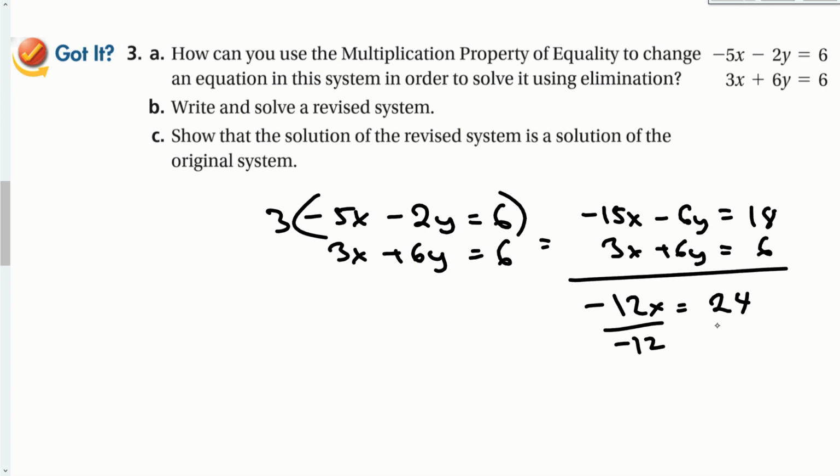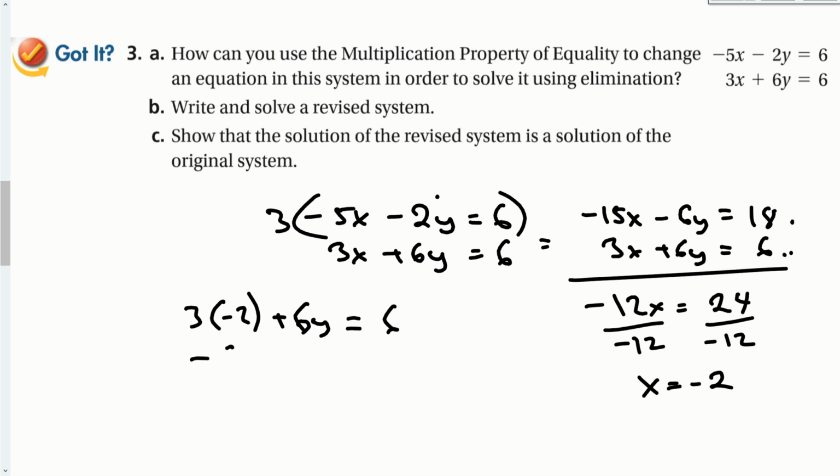Divide by negative 12, and we have that x is equal to negative 2. Pick one, plug it back in, and it could be any of these equations. This new one, this old one, whichever one you want. Let's use the bottom one. That one looks not too bad. So 3 times negative 2 for x plus 6y is equal to 6.